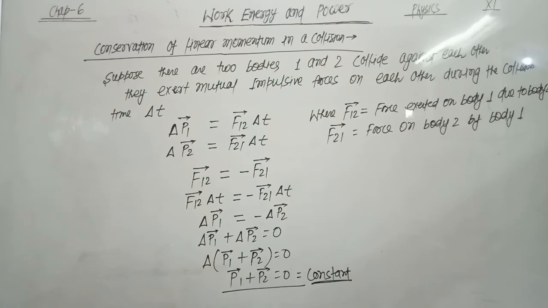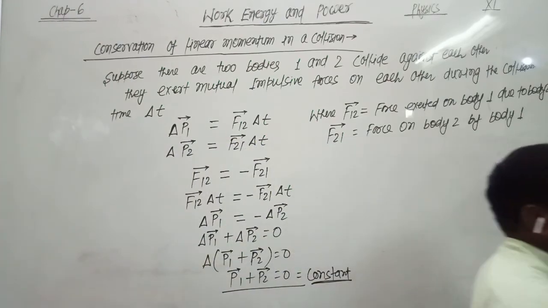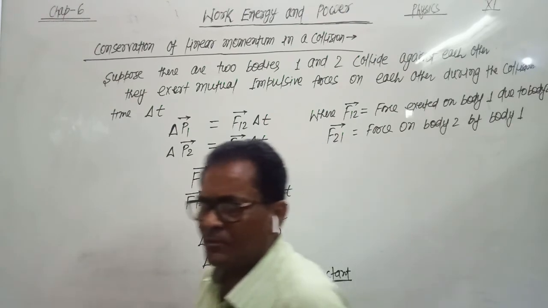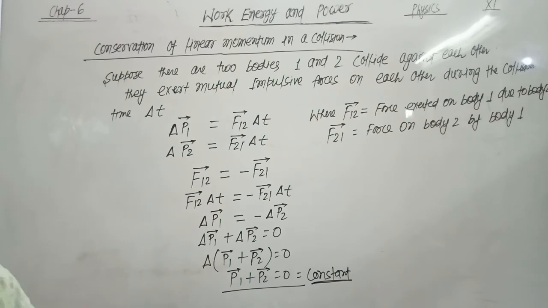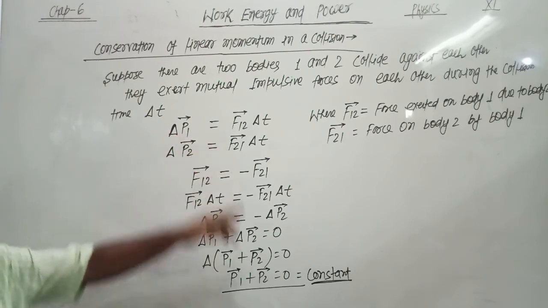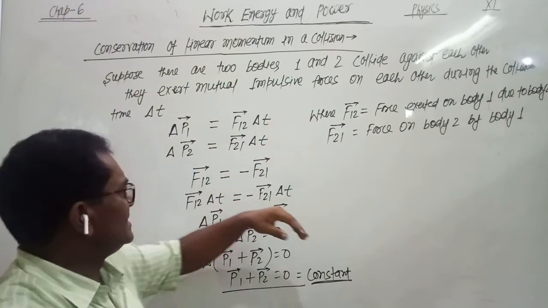So we have supposed that there are two bodies, 1 and 2, and they collide against each other, and during the collision they exert mutual impulsive force on each other. F12 is the force acting on body 1 due to body 2. F21 is the force on body 2 due to body 1. Delta p1, the change in linear momentum, equals the impulsive force F12 into delta t.